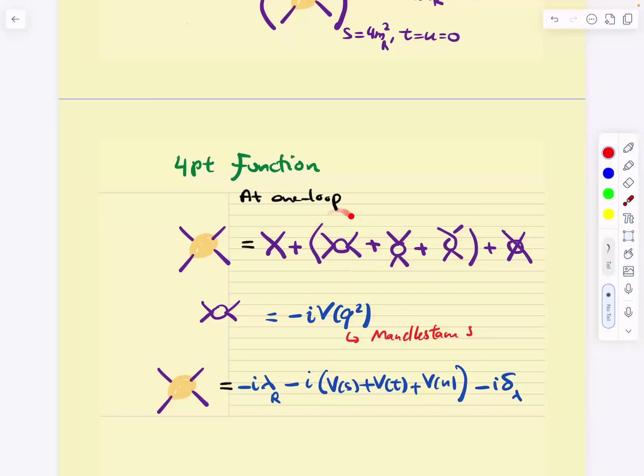Because this is a function, the symmetry of these diagrams tells you that if this is v of q squared, then at one loop this is going to be minus i lambda_r, minus i v of s, because this is the s channel, v of t, this is the t channel, v of u, this is the u channel, minus i delta lambda, the counter term vertex. So at one loop, this is the result of our renormalized perturbation theory.